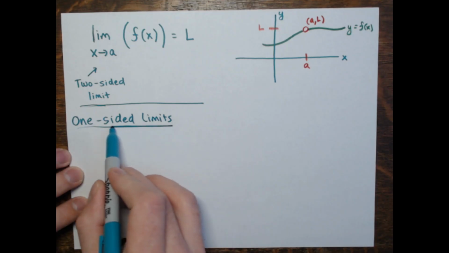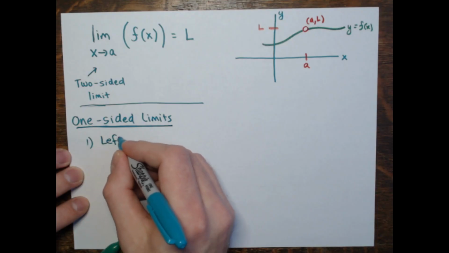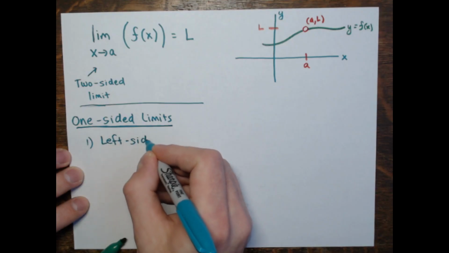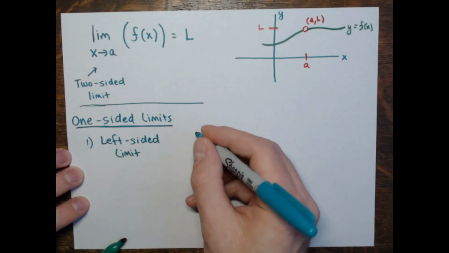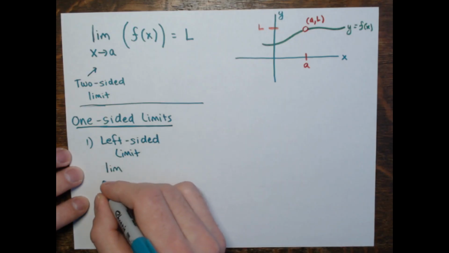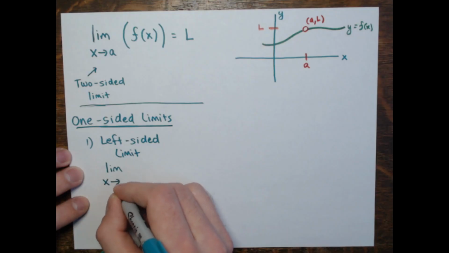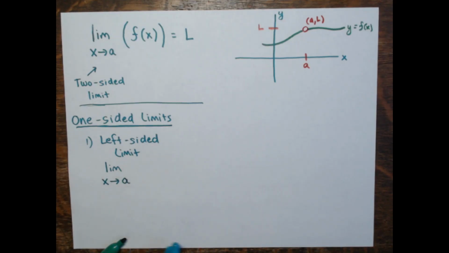Now there are 2 of these. One of them is your left-sided limits. The notation for this is the limit as the value of x, or whatever your input variable is called, approaches a.